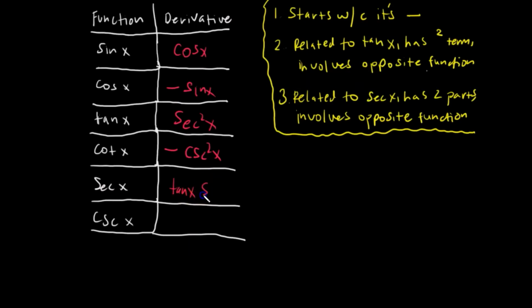So it's tangent x times the original function, secant x, or most popularly written as secant x tangent x. The same goes for cosecant x. It has two parts, involves the opposite function, does not include a squared term, so it's cosecant x cotangent x, but it also fits this first rule here, so it's negative.